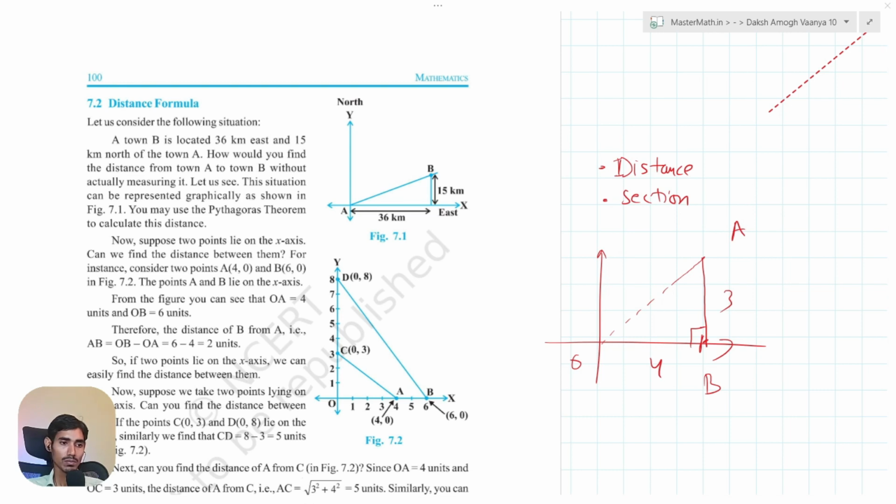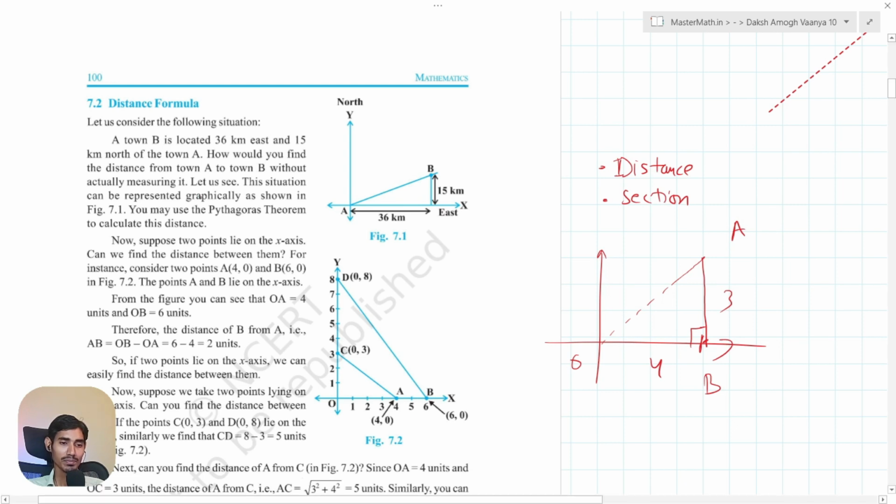By comparing the x and y coordinates of that point. Daksh, could you repeat that?